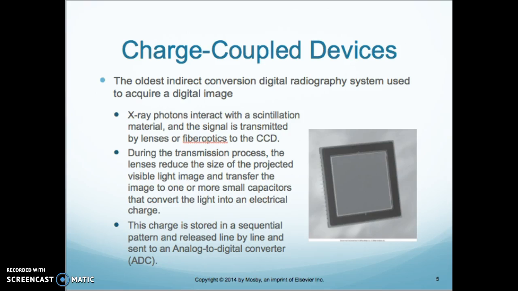So what happens here is that the lenses shrink the image down to the size of the projected visible light, and the small capacitors store it and convert the light to an electrical charge. This charge is stored in a sequential pattern and is released line by line, sent to the analog digital converter.